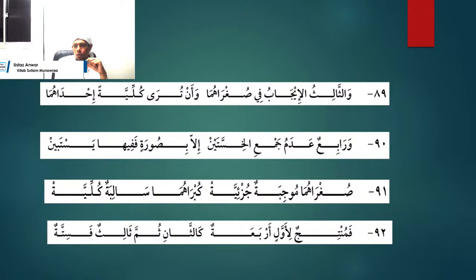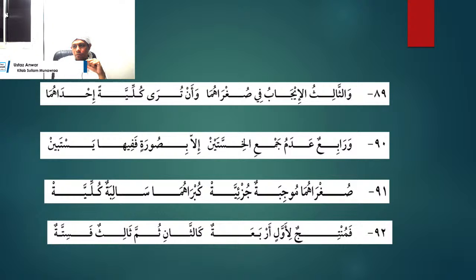He said: وَرَابِعٌ عَدَمُ جَمْعِ الْخِصَّتَيْنِ إِلَّا بِسُورَةٍ فَفِيهَا يَسْتَبِينِ. So the condition of the fourth shakal is that there is no combination of khissatain, that is particular and negative, except in one case where the minor premise is mujiba juz'iyya and the major premise saliba kulliyya, which is number 5 we mentioned just now.